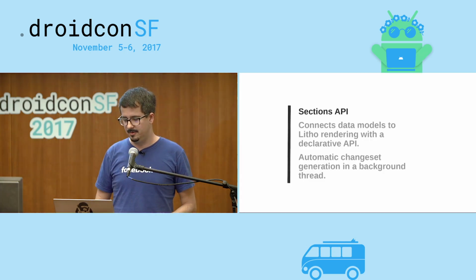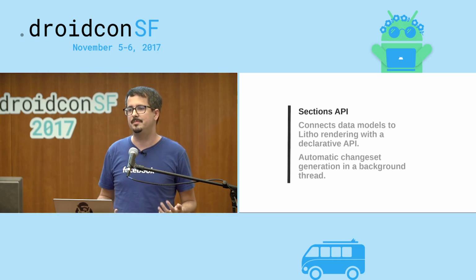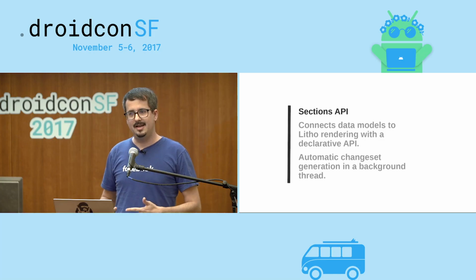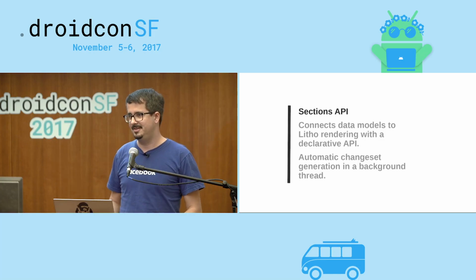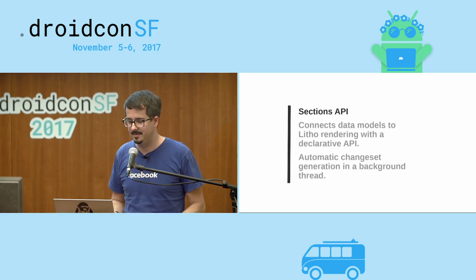So what's next for Litho? I briefly covered some of the adapter stuff in the beginning of the talk. Adapters can get to be pretty terrible code to write as you scale your app.